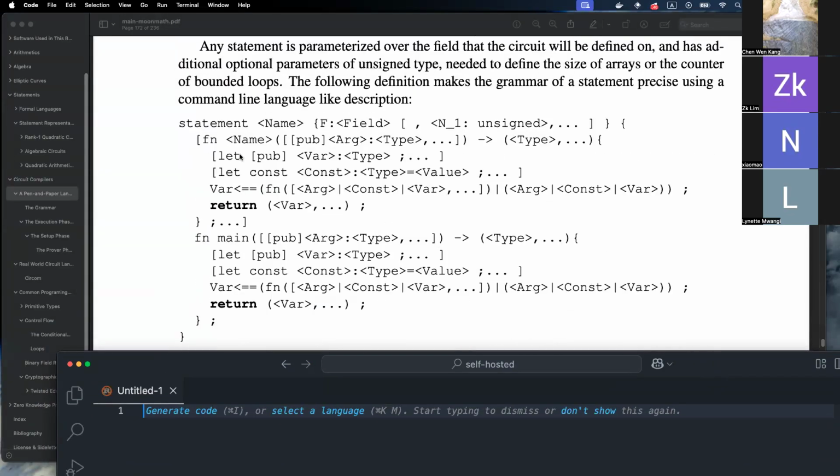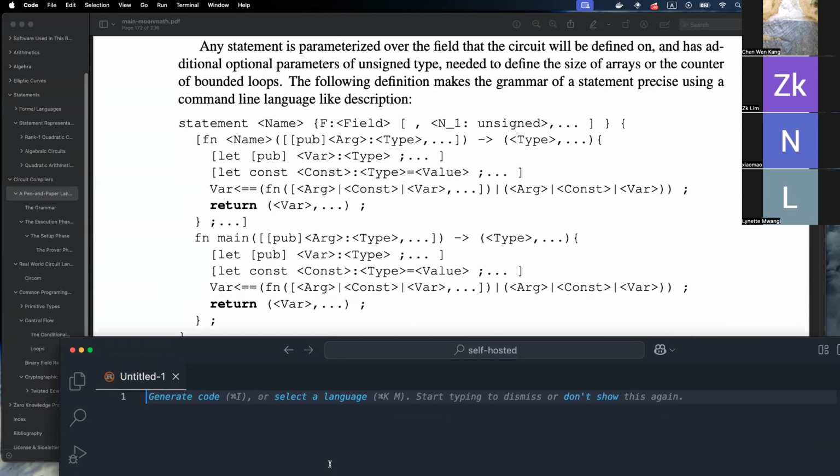So what this means, it's just saying that, hey, I can have a function of some name, some function. I'm talking about this specific line. In a function, it can be defined with some name.